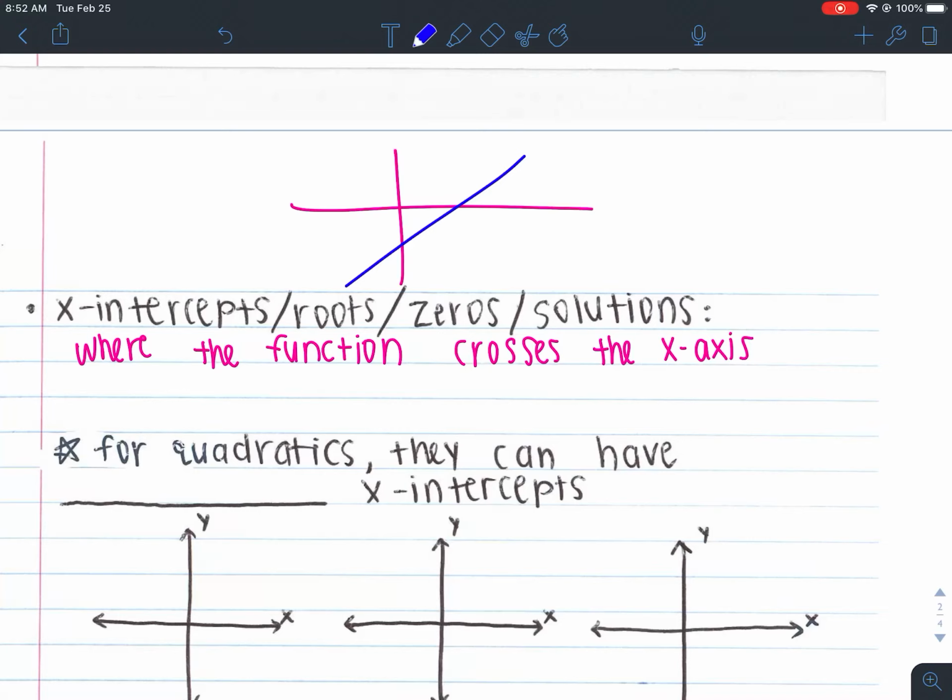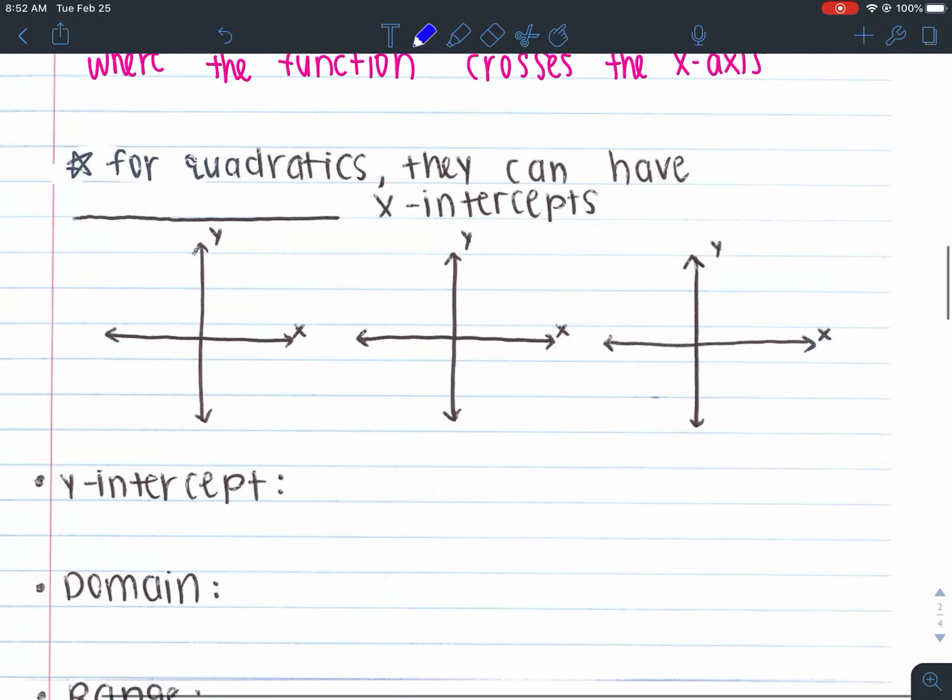How many x-intercepts could a line have? It could only have 1, really. The only way for a line to have 2 is if it curved or went back around, but if it curves and goes back around, then it's not a line anymore. Well, with quadratics, you can either have 0, 1, or 2 solutions, or x-intercepts. You can have 0 x-intercepts, 1 x-intercept, or 2 x-intercepts.